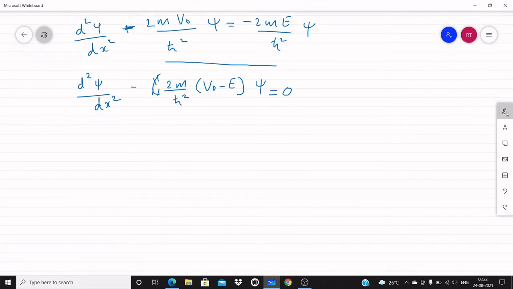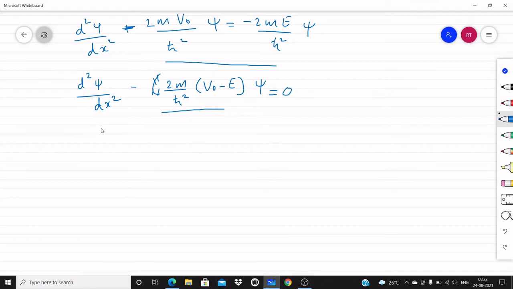Now let us take a possible solution. Before that, let us assume two constants. We already have a term k square, which is 2m E by h cut square. Let us give the value 2m by h cut square times V0 minus E as alpha square.